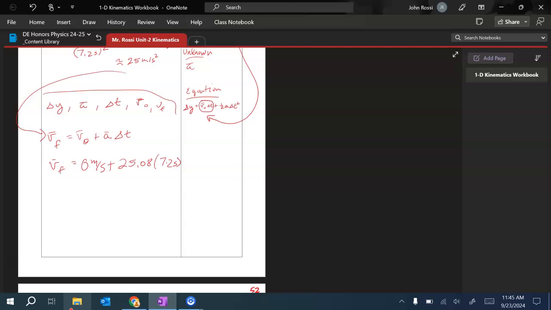So I'm basically punching this into a calculator. 25.08 times 7.2 gave me a final velocity of 180.576. 2 sig figs here. Let's just say 180 meters per second. Right now I can stop it.